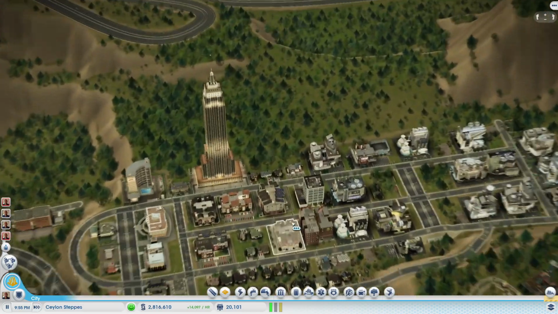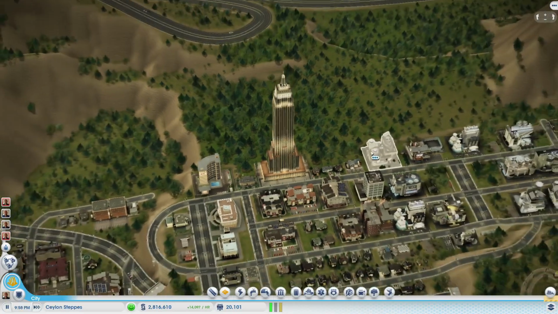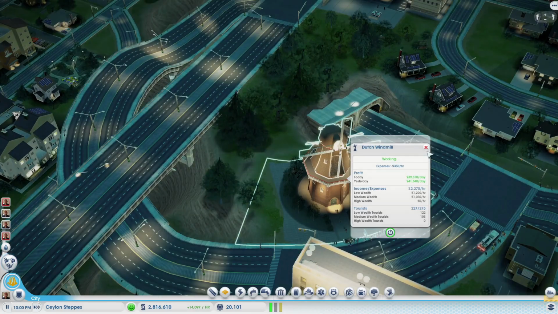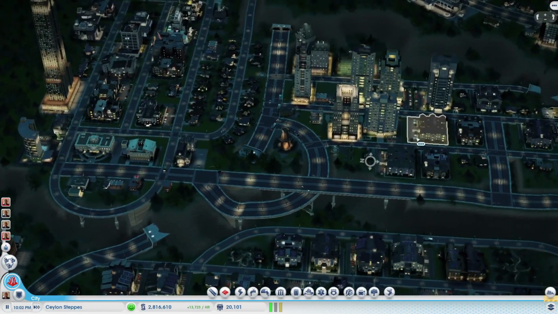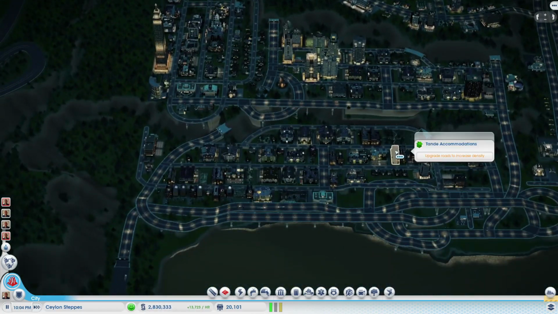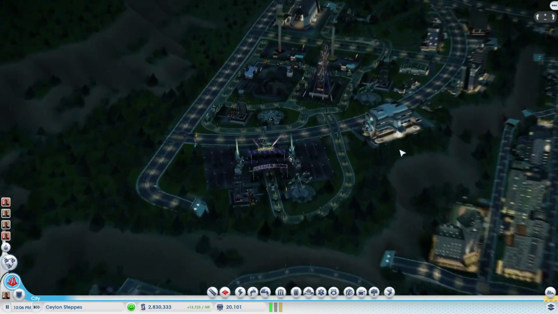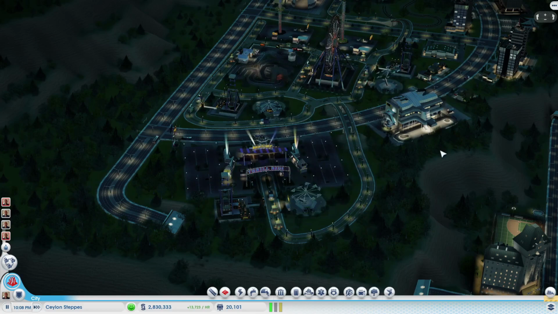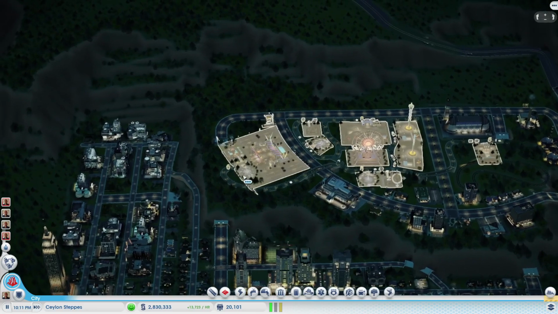How are we doing at our landmarks? Okay, we're doing good. I already know this is doing well because this is where most of our income is coming from.